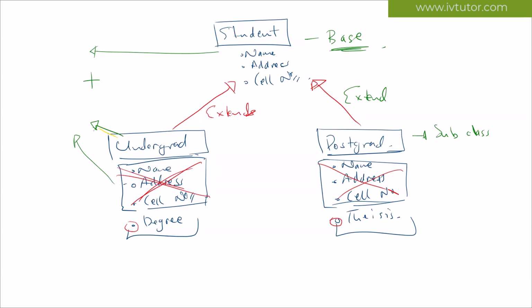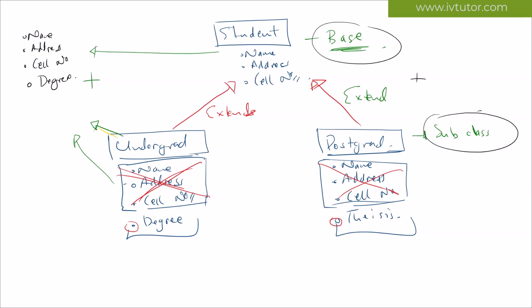So your compiler is looking at an undergrad as something with a name, an address, a cell phone number, and a degree, which means behind the scenes, your compiler is simply combining the base class plus the subclass. But in your coding, when I'm developing my undergrad class, I don't have to go and repeat all of this. I just extend that class.